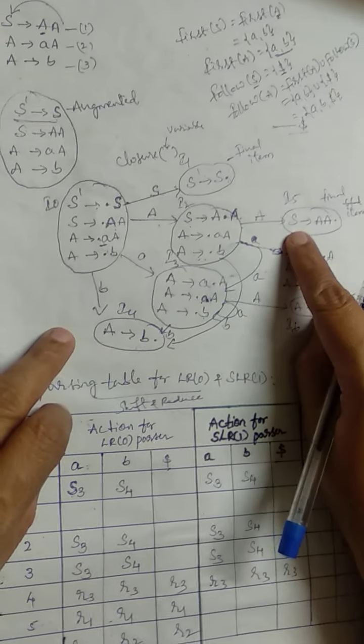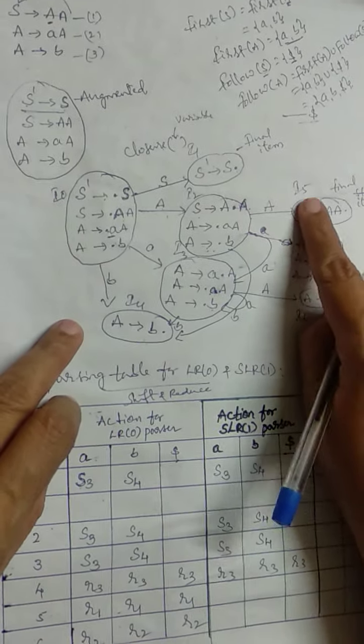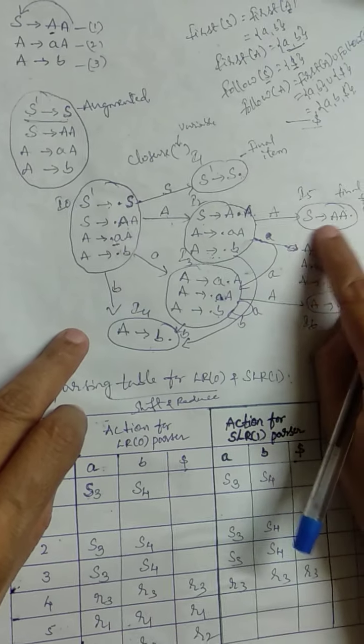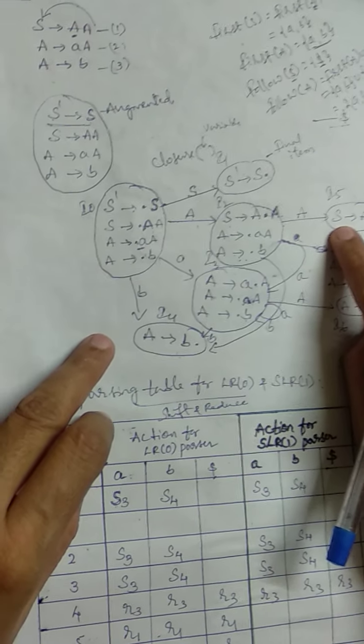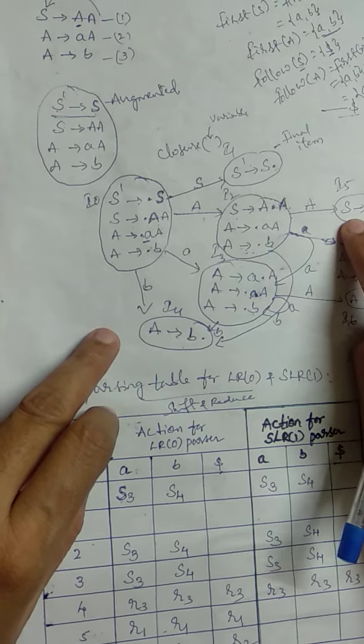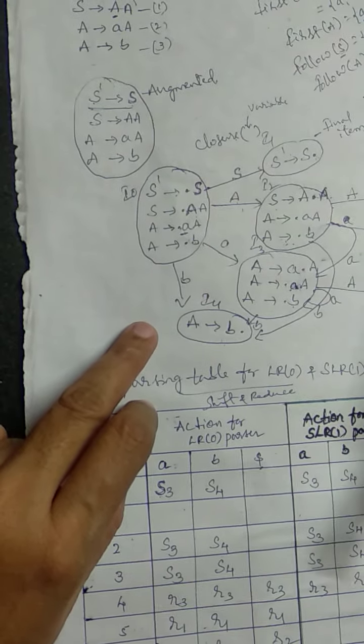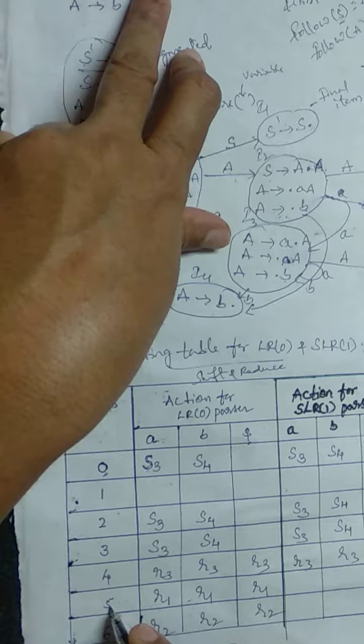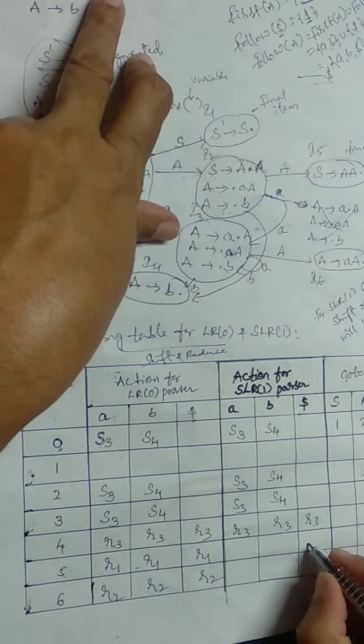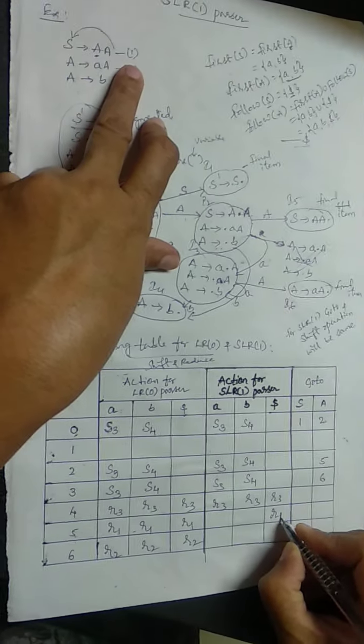Next, what is the next item? I5 is S implies A. Here calculate the follow of S. Follow of S is only the dollar. So under the dollar you should write the production number, which is R1. So in state 5, under the column dollar, you have to write only R1.